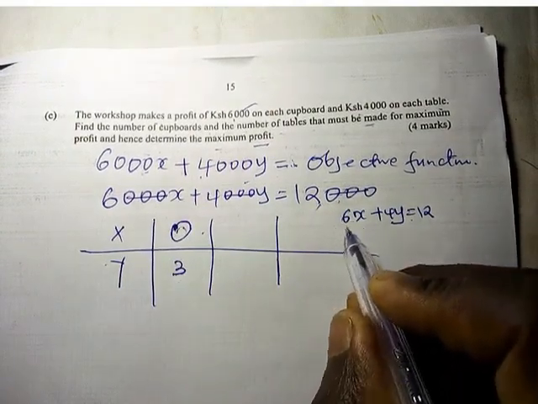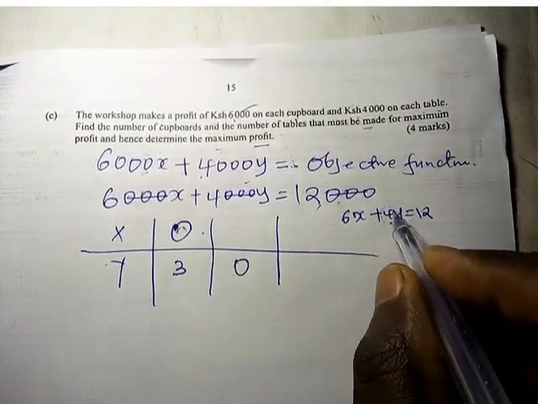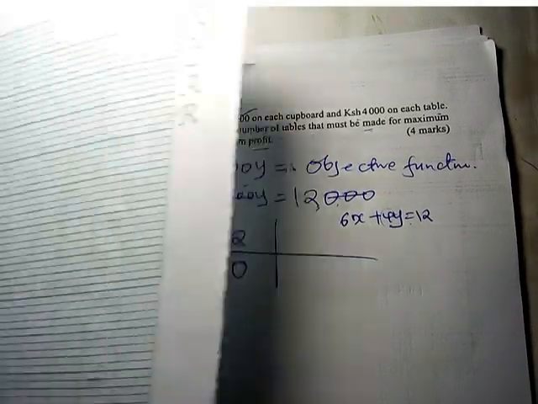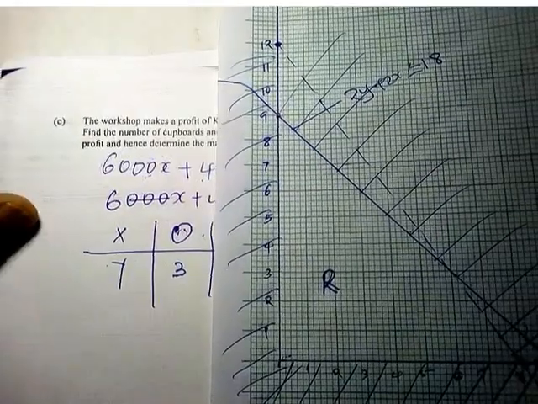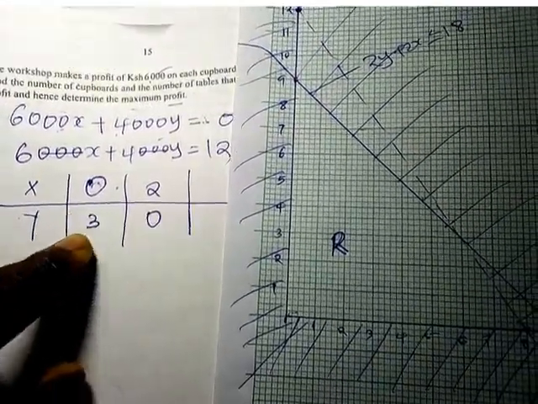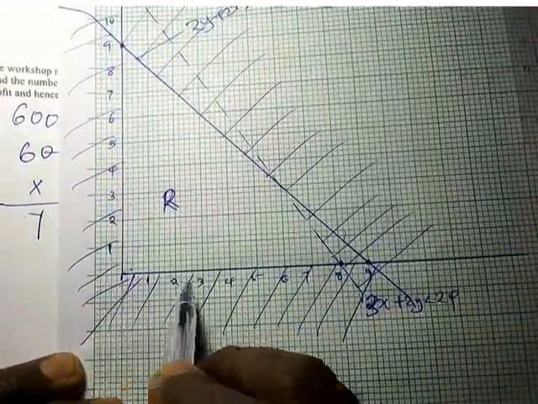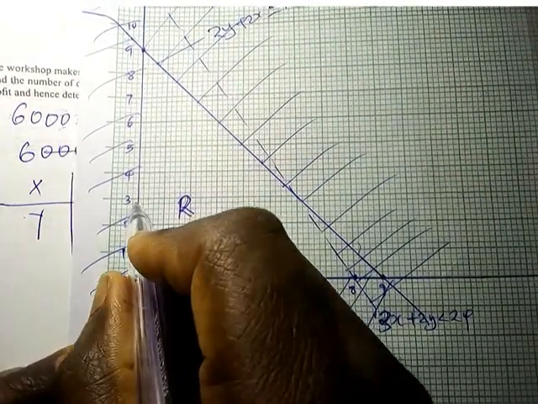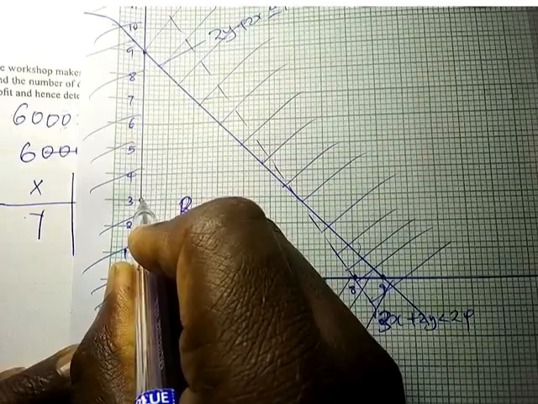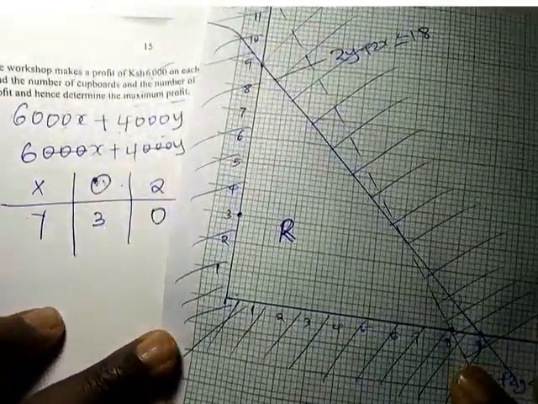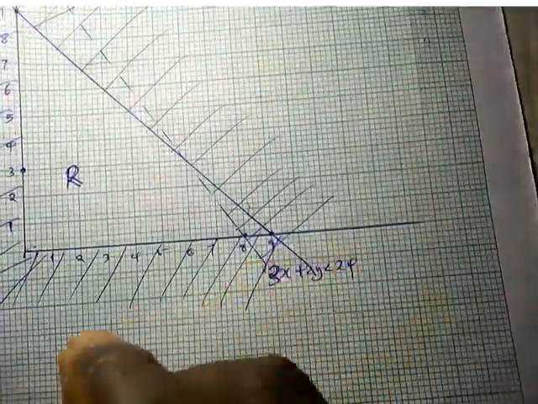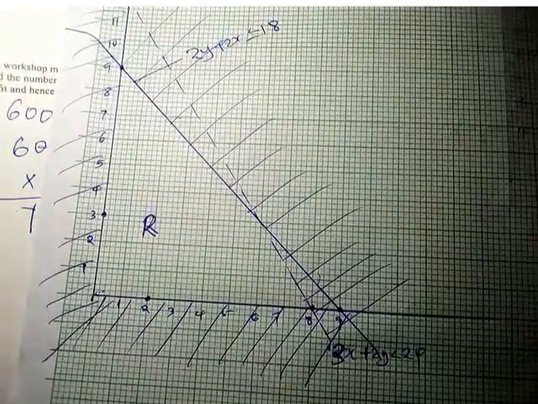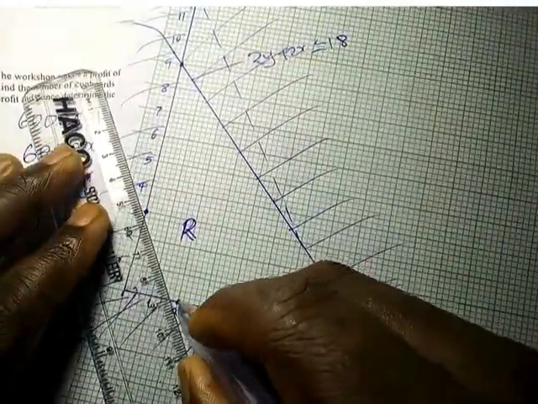And if y is 0, x will be 2. So you draw this line on our graph. x is 0, y is 3 here, and then x is 2, y is 0 here. You draw a dotted line.